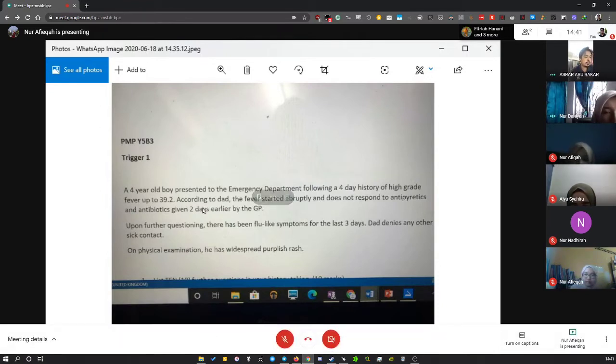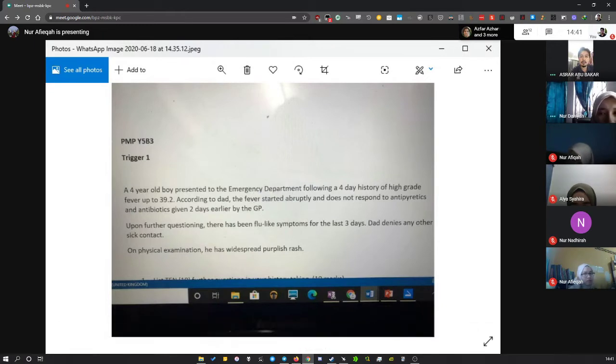For the rash, first I want to know the distribution of the rash. And then is it blanching or not blanching? Because it just said it's a purplish rash. And then the association of the rash, is it itchy, painful?